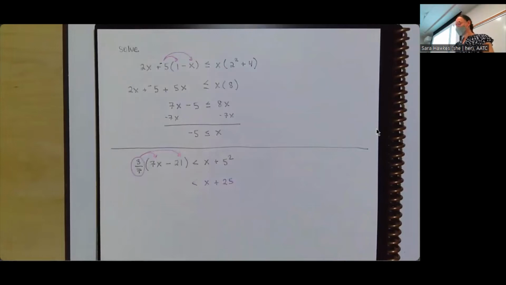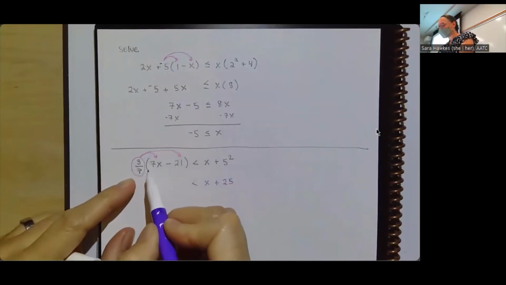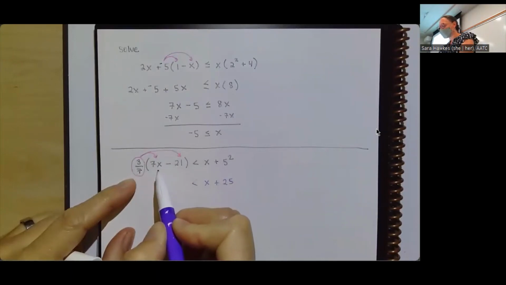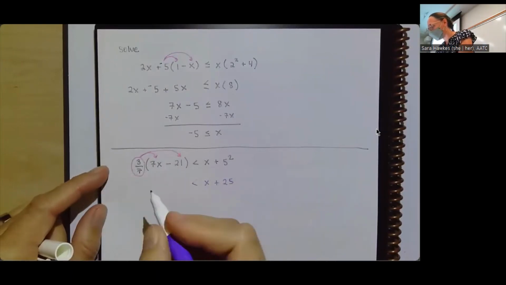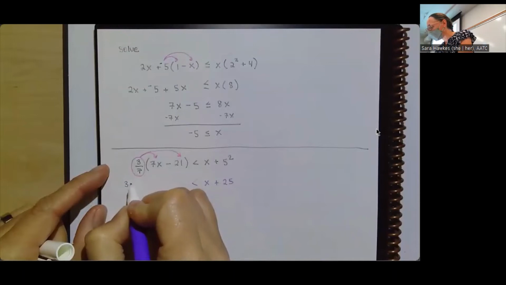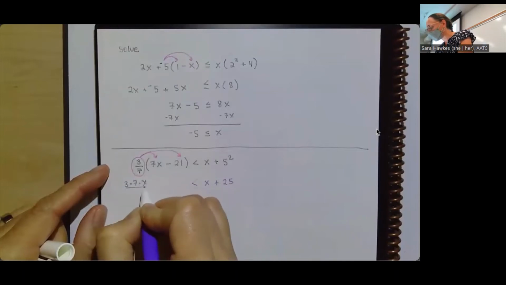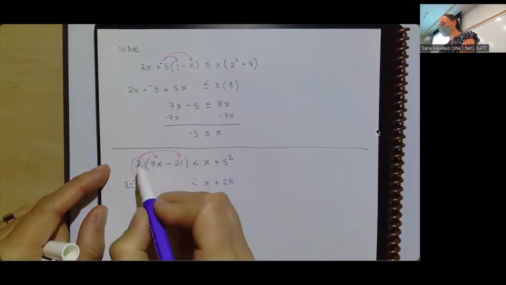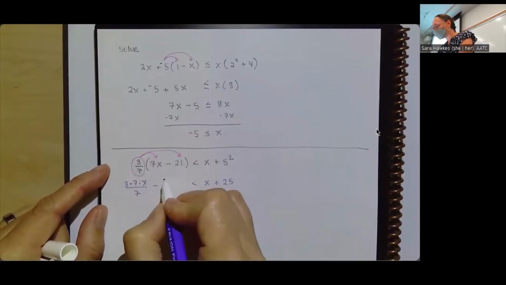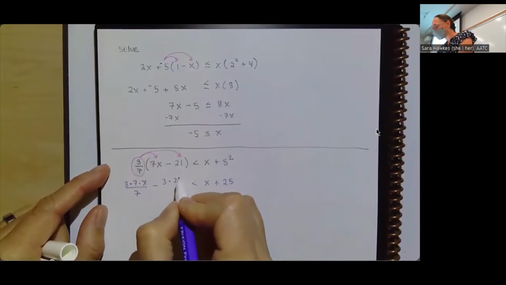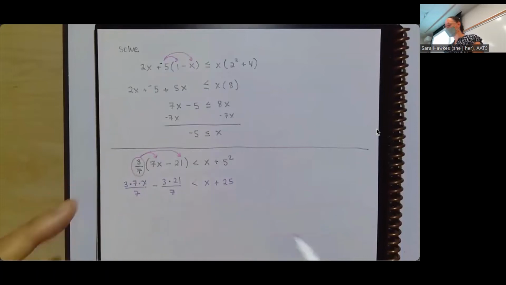You can write more out if you want to, so I'll go ahead and write it out. I'll have 3 times 7 times x over 7. And when I distribute to the 21, I'll have 3 times 21 over 7.